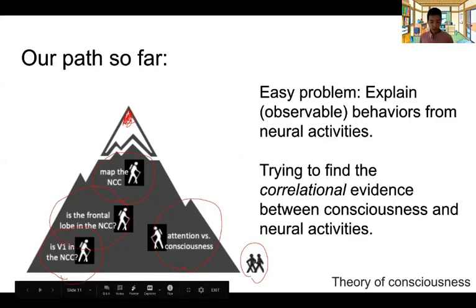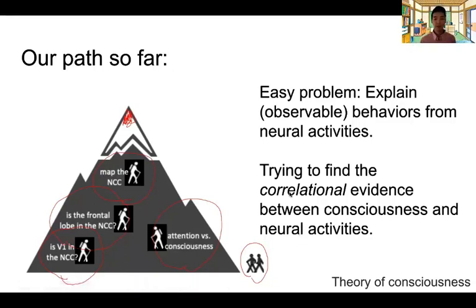Here the approach can be summarized as any research program trying to find correlational evidence between conscious perception and its report with neural activity. It doesn't matter whether you use perturbation like TMS to stimulate the brain to break the correlation into causality. As long as you are trying to establish conscious perception on one hand and neural activity on the other hand, then that's a correlational law as best as you can. And that kind of approach is not going to get to the top. That's what they are saying.